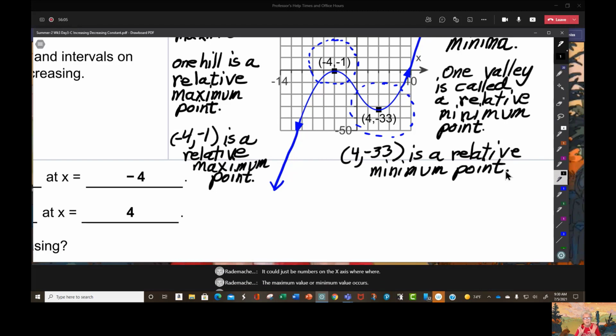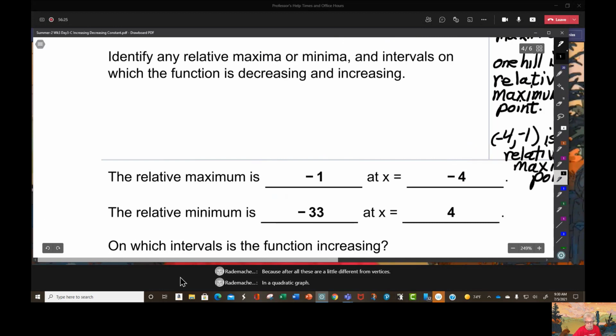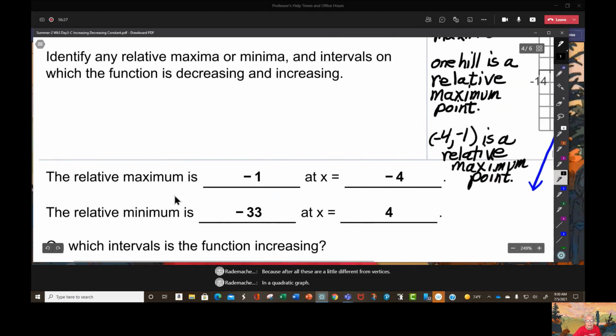We have much the same thing going on here, but not exactly, because after all, these are a little different from vertices in a quadratic graph. Here is how you analyze relative maxima and relative minima.